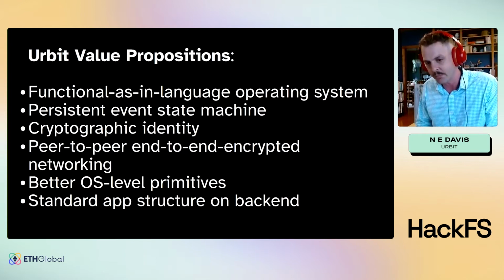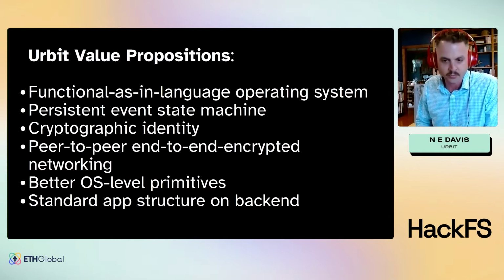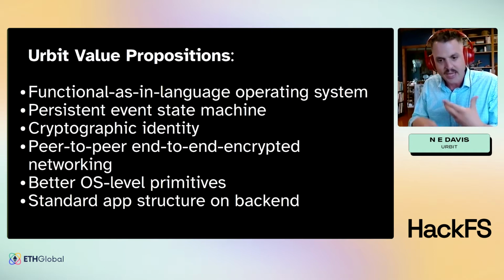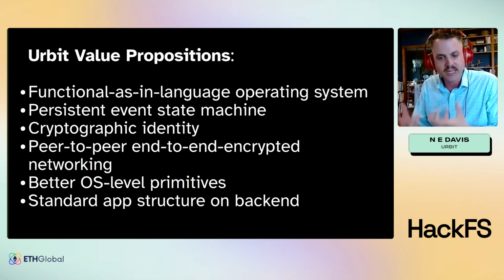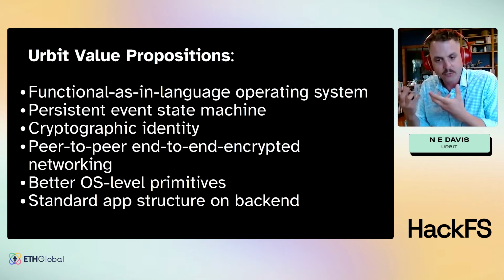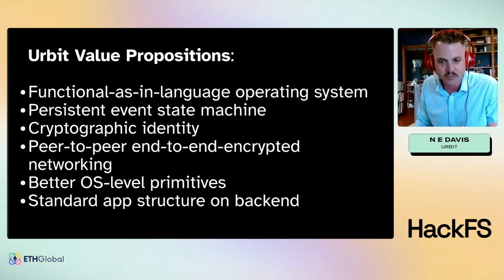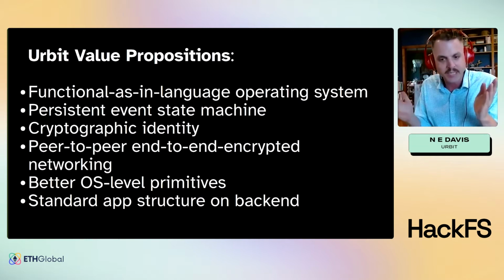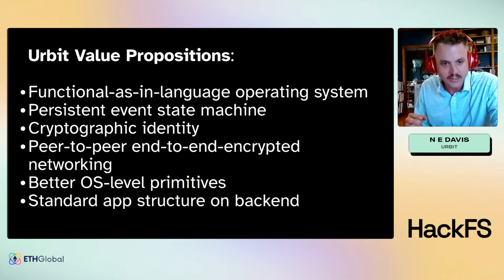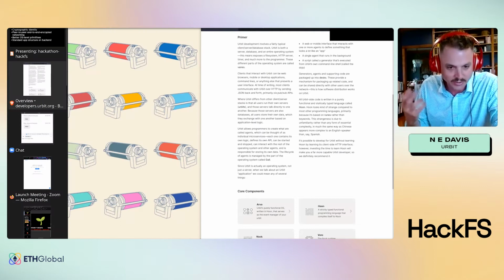If you're writing a .NET application, there are certain requirements that has. By defining and requiring a certain standard application structure for everything that runs on Urbit, you're able to define very portable ways of interacting with data that are held by other agents. You can start to treat the entire operating system as an ecosystem rather than a set of ivory towers that sit next to each other and that you'd have to interact with that way.